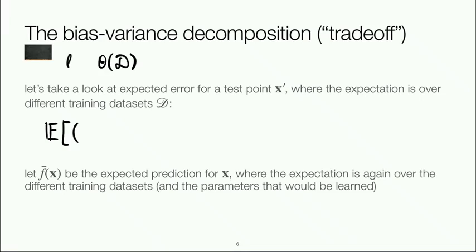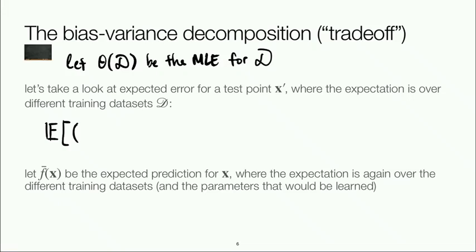So I'm going to let theta D be the maximum likelihood estimate, just because we're using negative log likelihood loss, for a particular data set D, and this is my random variable.